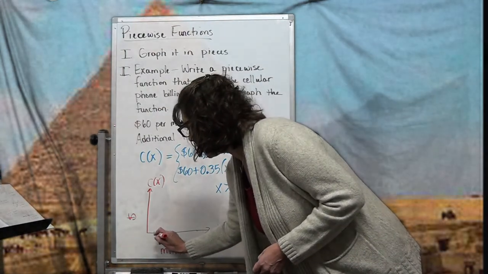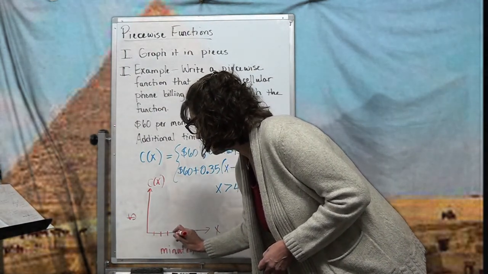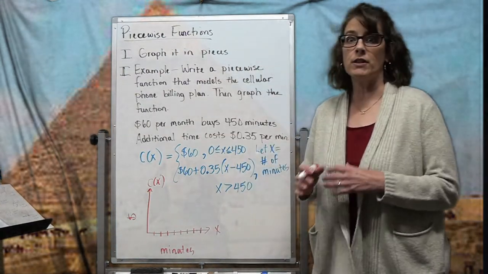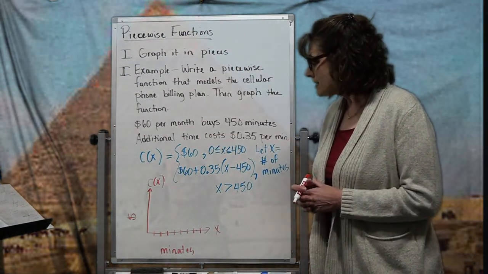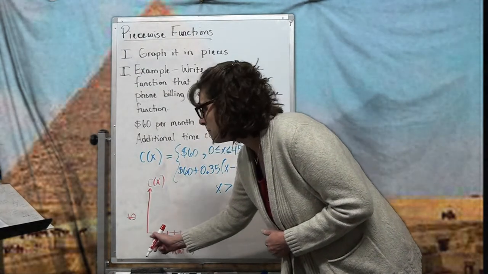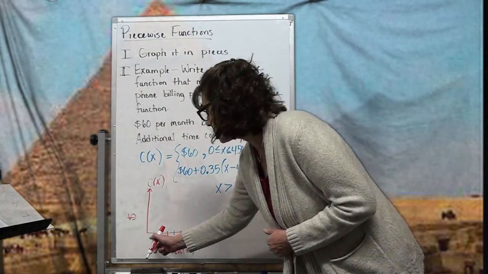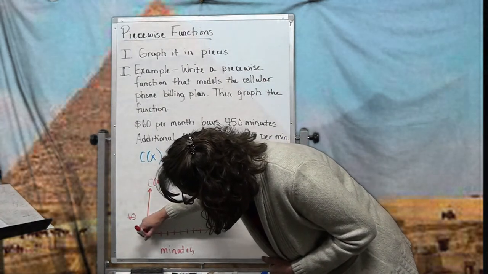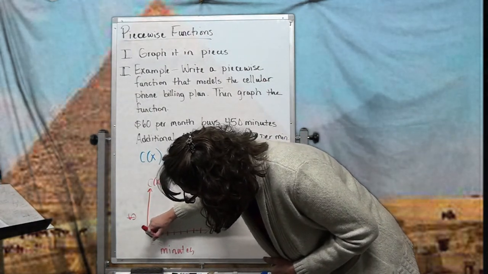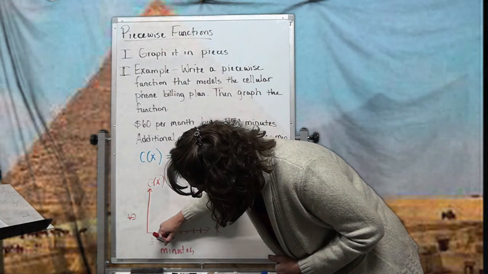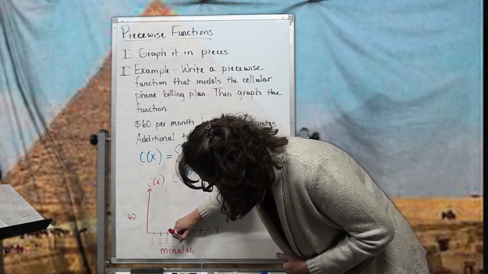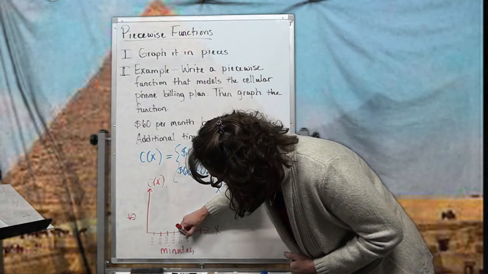Normally we would go 1, 2, 3, but I don't want to make it single minutes because that'll make this graph a little bit too big. So let's make each one of these 100. So this will be 100, and I've got 200, and 300, 400, 500, 600, and 700, and so forth.